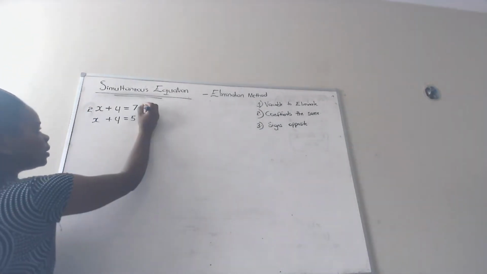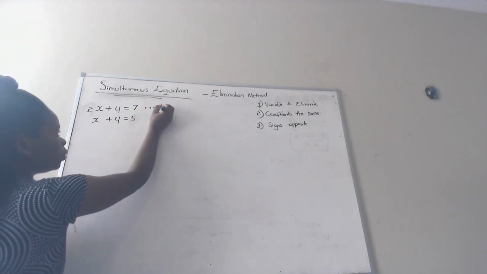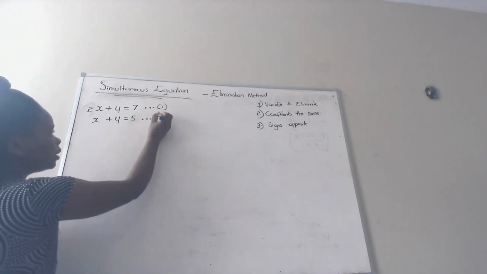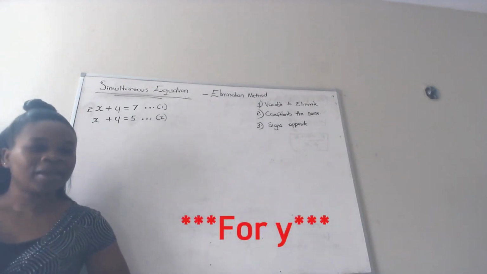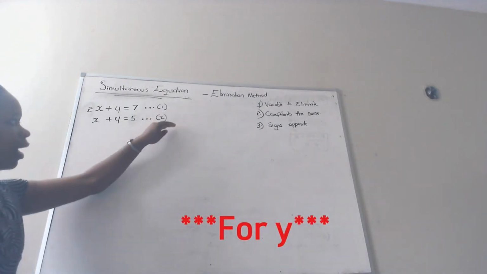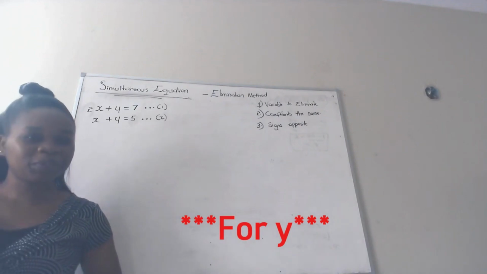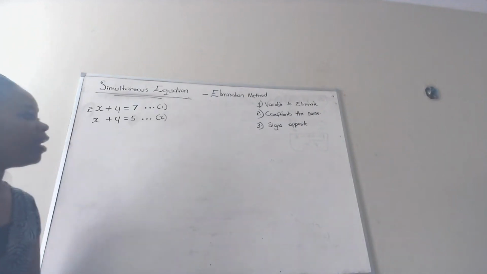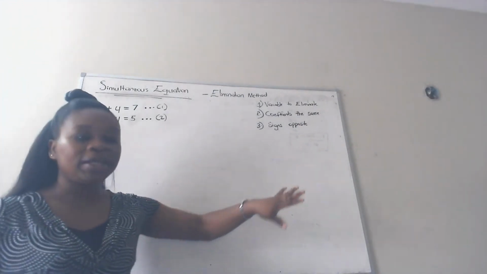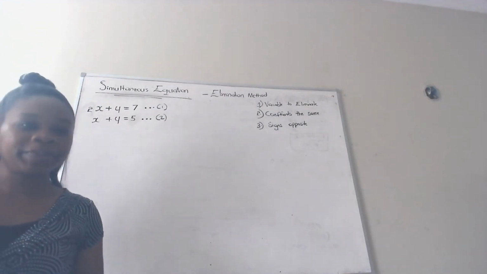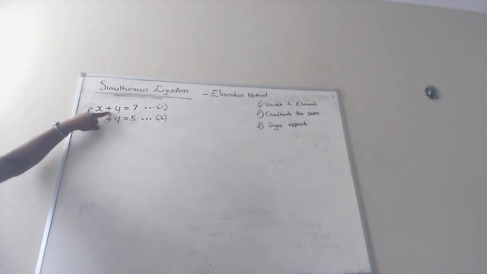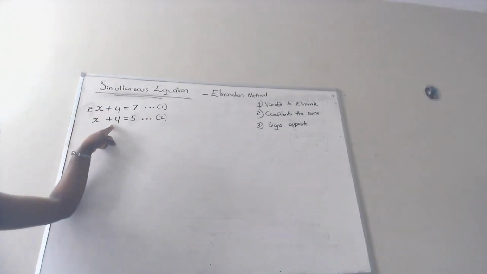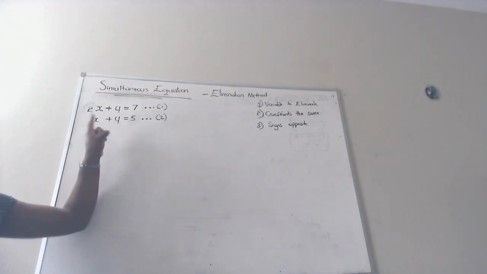So I will call this equation 1, and I will call the second equation 2. So the coefficients in equation 1 and 2 are the same, which is 1. The next step is we need to make the signs opposite. Look at y. Y in the first equation is positive, and in the second equation it is also plus.